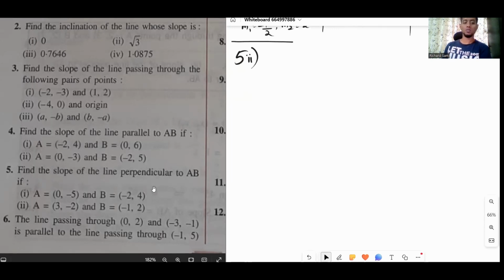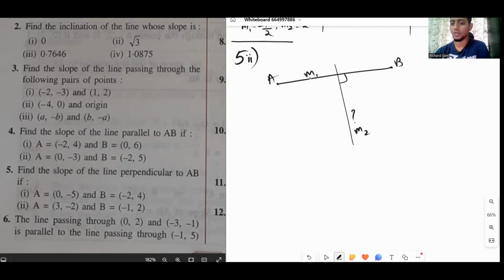You have to find the slope of a line perpendicular to AB. So you have the coordinates of A and B. If this is A, this is B, you have to find the slope of a line which is perpendicular to AB. So this line's slope you have to find. How do we do that? If this is M1 and this is M2, we know the relationship. The relation is what?